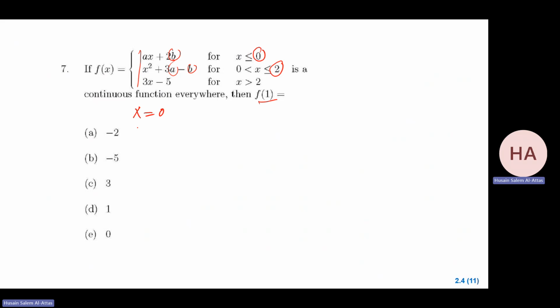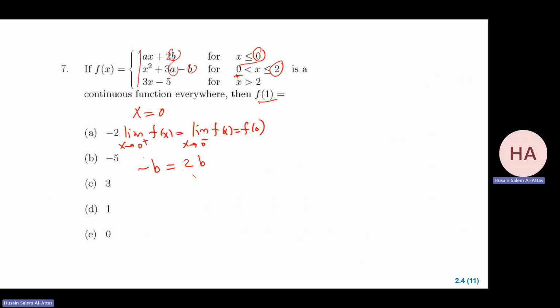So for x equals 0, I have the limit as x goes to 0 from the right. I will have two equations, two unknowns, and I just solve them. That will be f of 0. From the right, let me do it quickly. Substitute the 0, you get minus b. From the left, substitute the 0, you get 2b. f of 0 will not make a difference.